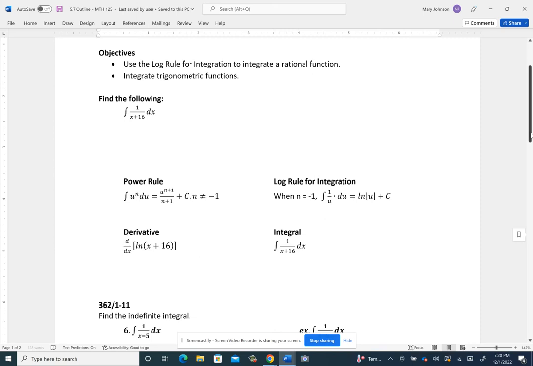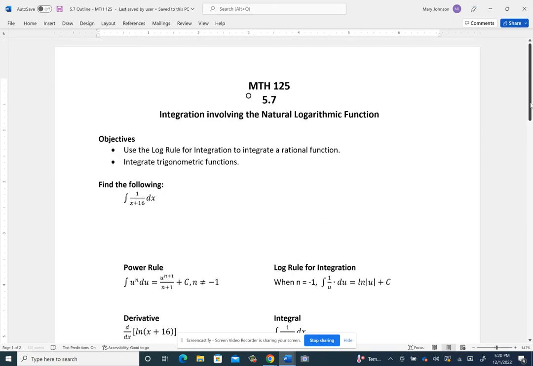All right, in this video, we're looking at using the log rule for integration to do more than just the basics. You already know how to do some of this. For instance, if you had the integral of x to the negative 1 dx, you can't use the power rule, because if you add 1 and then divide by that new exponent, you'd wind up having a 0 down here, right?